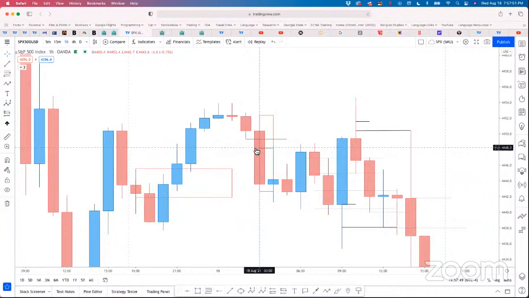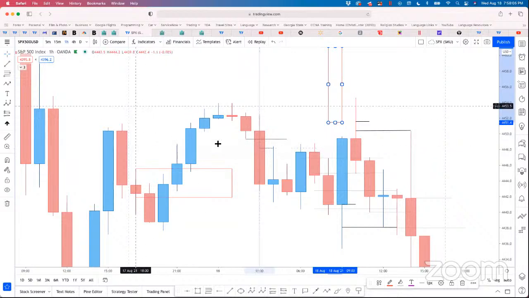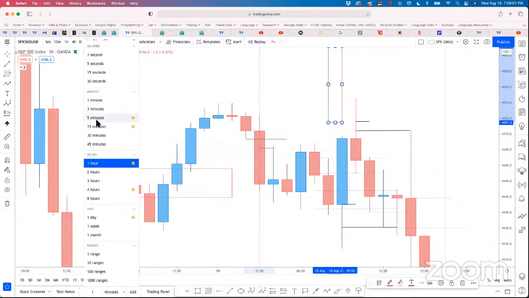This just did a rebalance and redelivery right here. You don't see all of that stuff, but what you do see is price doing a rebalance and redelivery. You probably see it better on the 30-minute, actually.